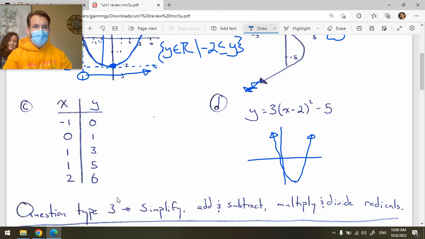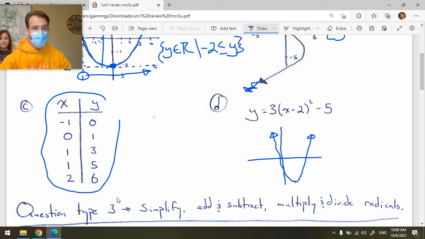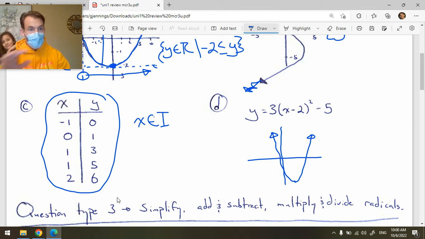If we have a situation like this where we just have a collection of points, they're all integers, we might specify to our reader that x is actually integer values, not numbers in between 0 and 1 or in between 1 and 2, just the positive and negative counting numbers, including 0. And then we have a small list of numbers, so we just list them from smallest to largest.